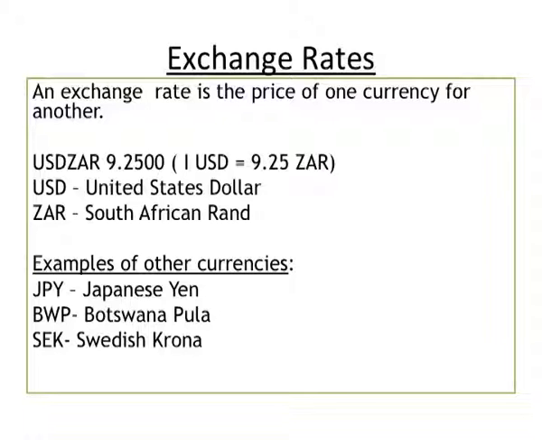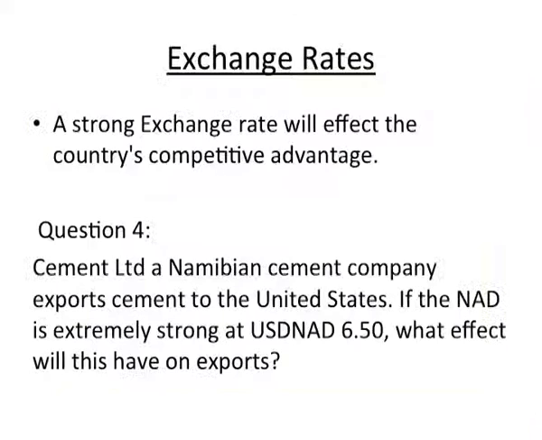Other currencies all around the world also have their own ISO codes. For example, the Japanese yen is termed JPY, Botswana pula is termed BWP, and Swedish krona is SEK. A strong exchange rate will affect the country's competitive advantage.